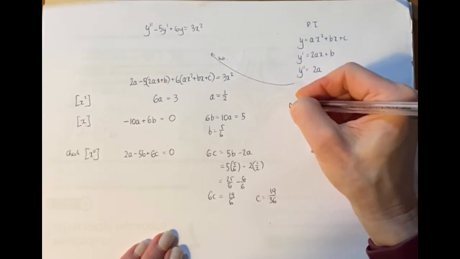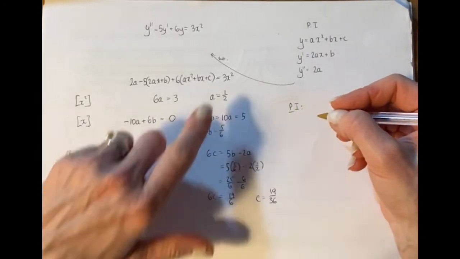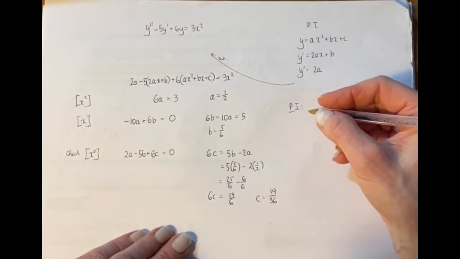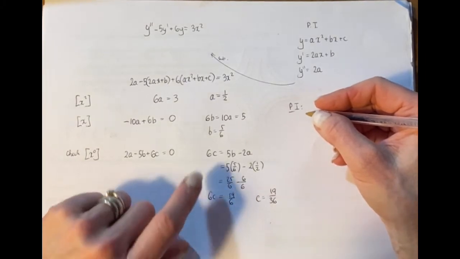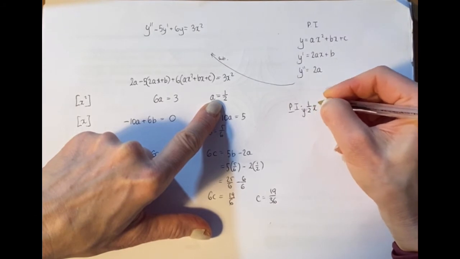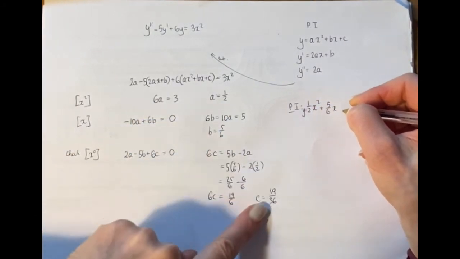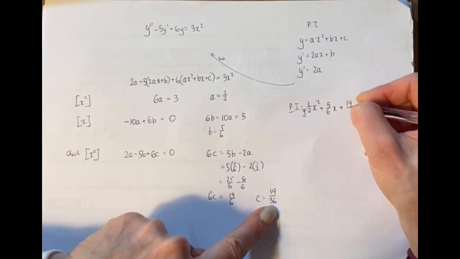So the particular integral for this f of x equals 3x squared will be a is 1/2, so it's 1/2 x squared, b is 5/6, so 5/6 x, and c is 19/36.